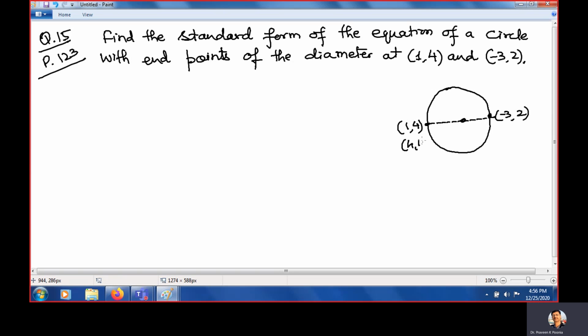Let this be h, k and this be x, y. So you need to find the length of the diameter. So how to find the length of the diameter? First find the diameter.